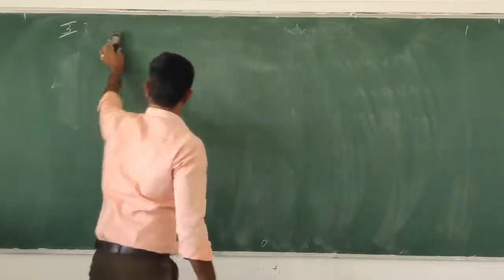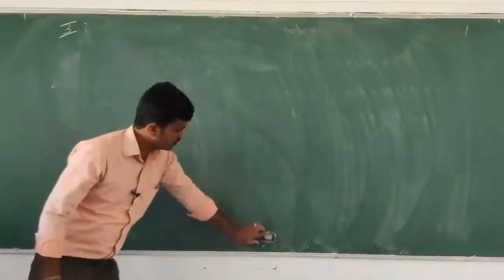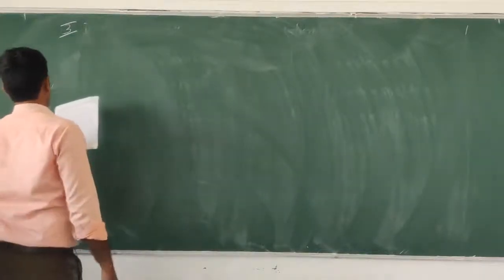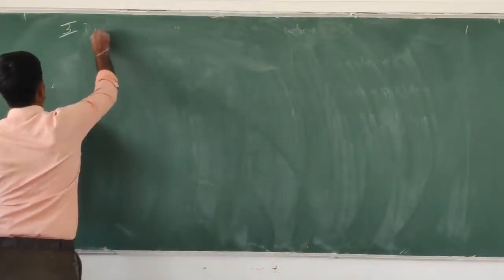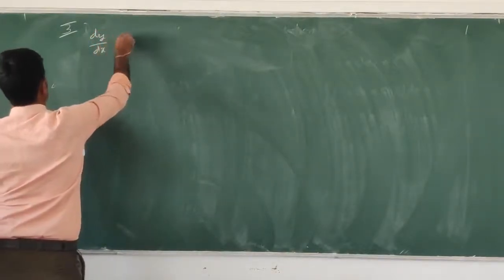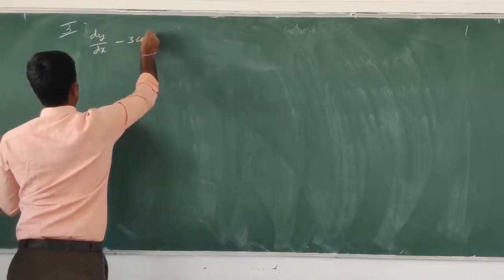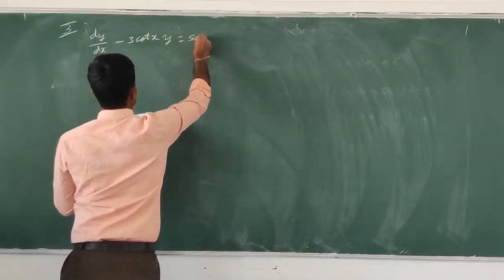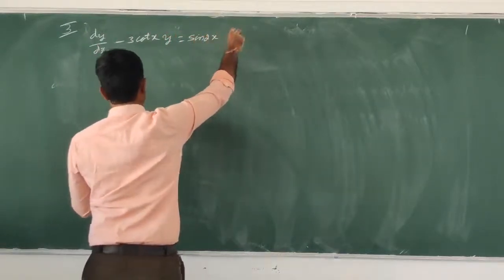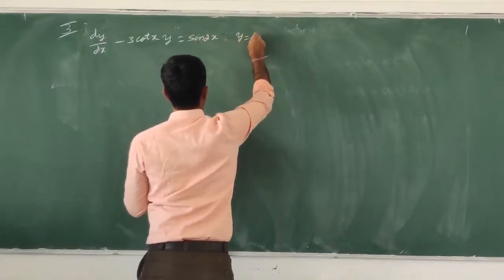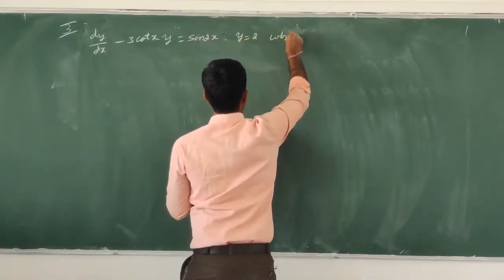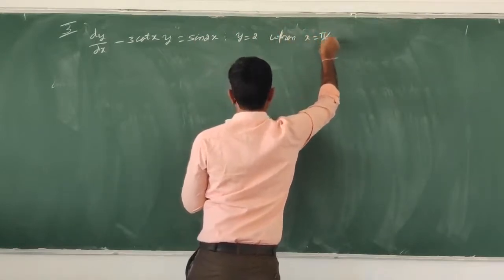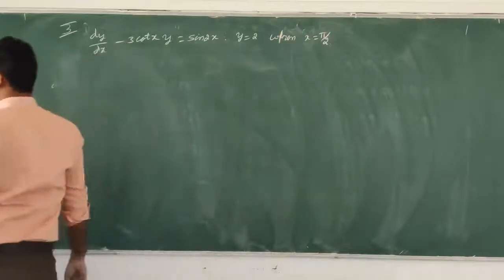Problem is similar: dy by dx minus 3 cot x into y is equal to sin 2x. I am writing this directly in standard form. So given initial condition is y is equal to 2 when x is equal to pi by 2. Y is equal to 2 when x is equal to pi by 2.